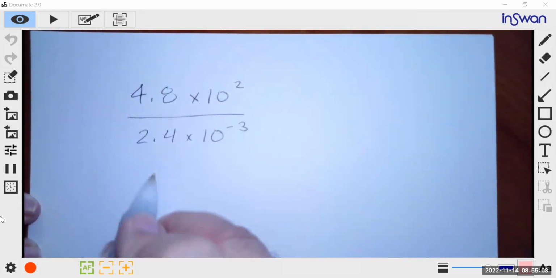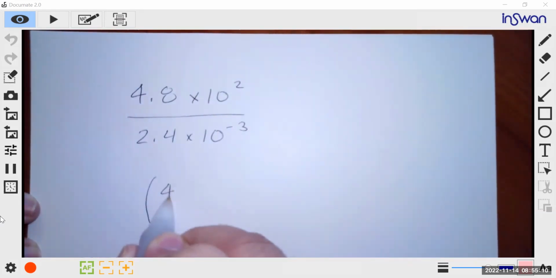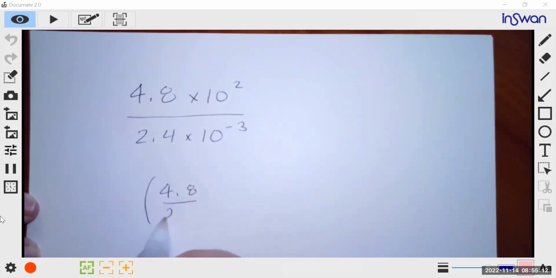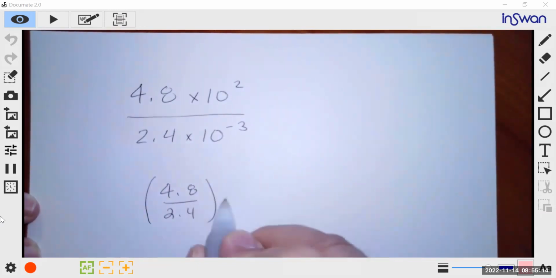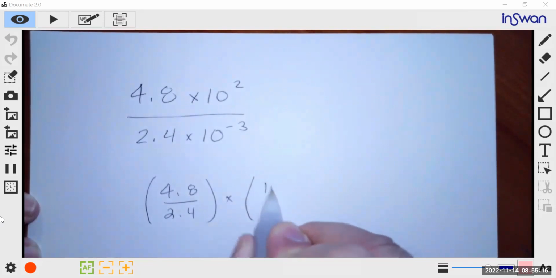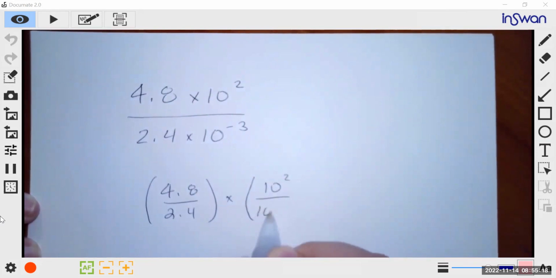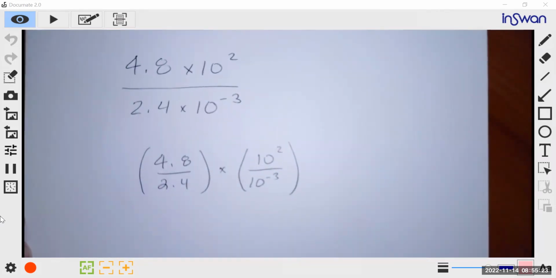Again, we do these in two parts. 4.8 divided by 2.4, and 10 squared divided by 10 to the negative 3. The easiest way to divide decimals is to get rid of the decimals.